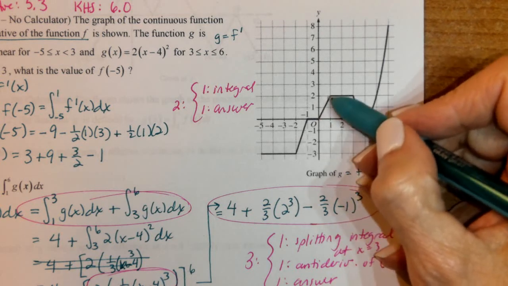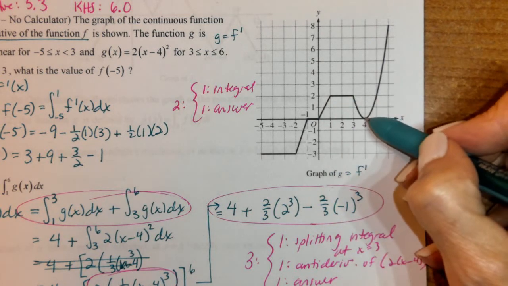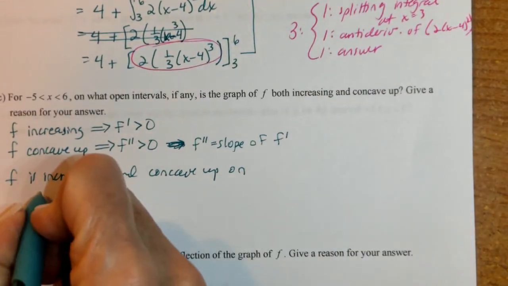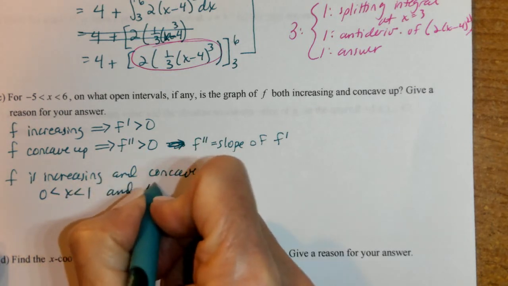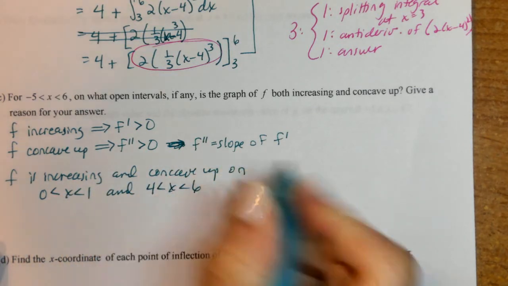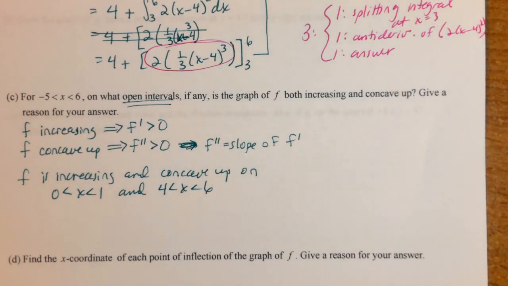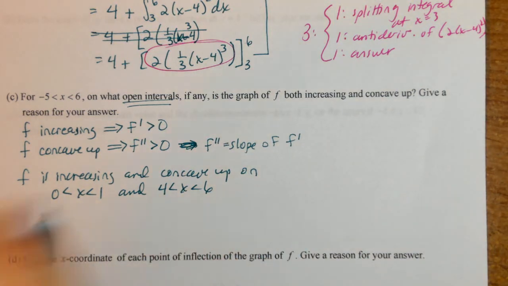So we have a positive slope from 0 to 1, and then we have a positive slope from 4 to 6. So 0 to 1 and 4 to 6. They told me to use open intervals, which we always do for concavity. So I'm going to make sure I do not close my intervals here.